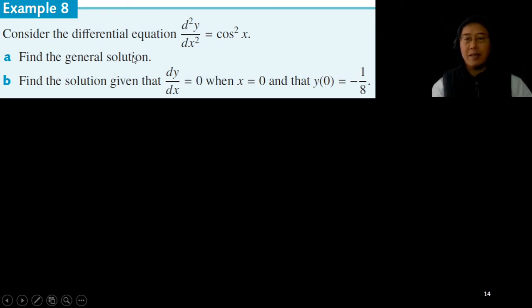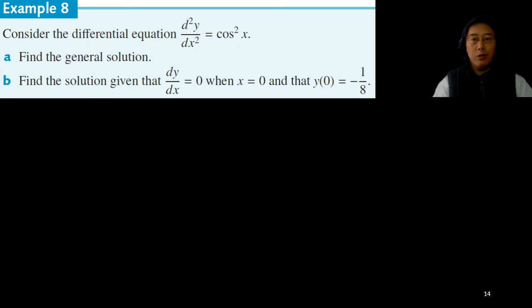So let's get started with finding the general solution. So you have that second derivative equals a cos squared, and I would pause the video and attempt to anti-differentiate first and a second time.